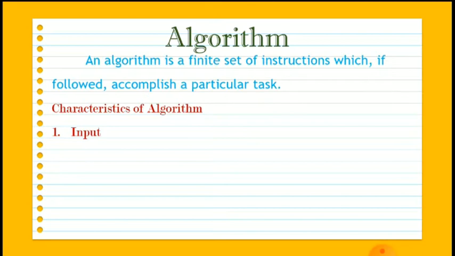In the GCD example, whichever two numbers you choose to find the GCD will be your input. Suppose you want to find the GCD of 18 and 30. So 18 and 30 will be your input.